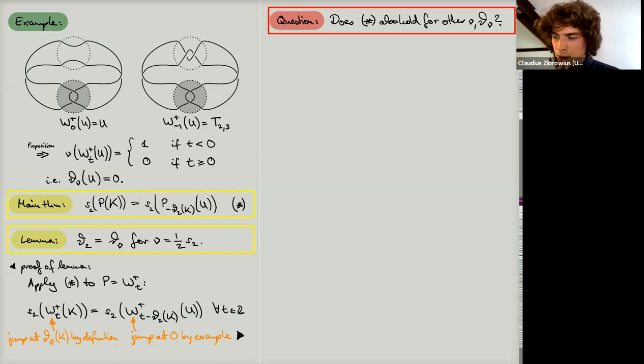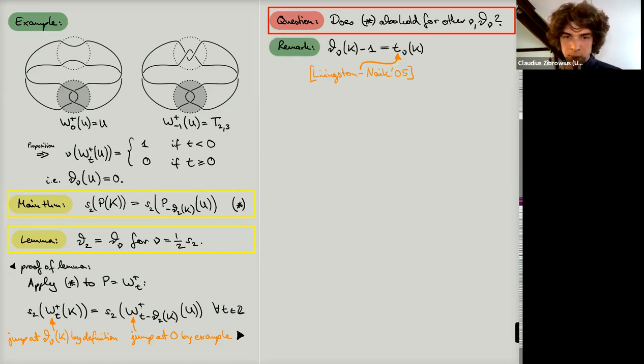Before I go into that question, let me say that these theta invariants are not entirely new. They have been studied before by Livingston and Naik under a different name, T sub nu, and the only difference is a single shift. The reason we make this shift is that, at least for the Rasmussen invariant, the theta invariant is a concordance homomorphism.